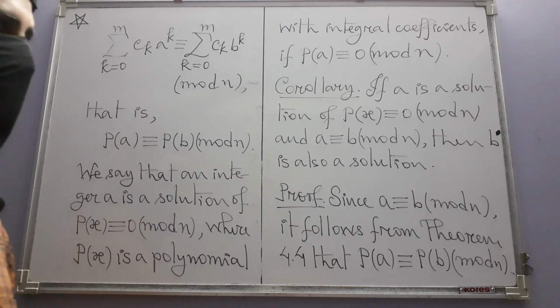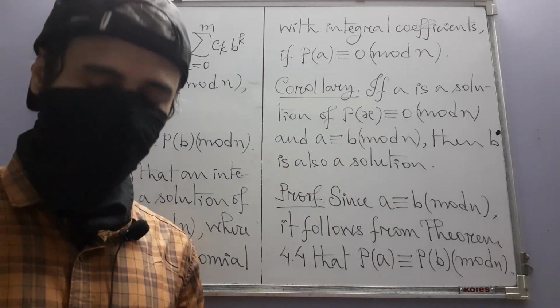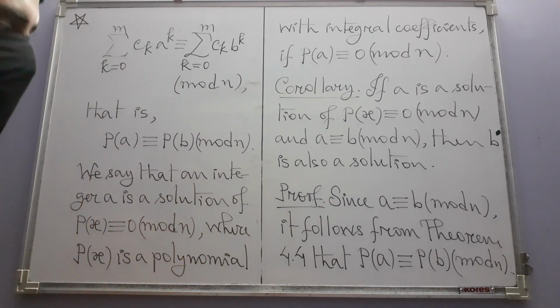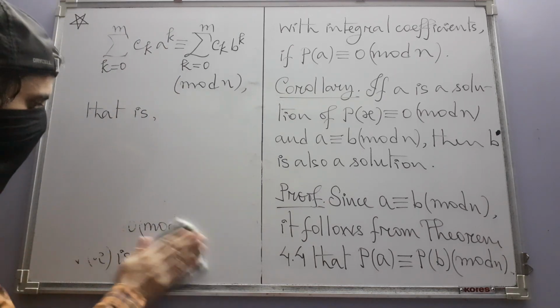However, it's also given that a is a solution of this, so P of a will be congruent to 0 mod n, and that is why P of b will also be congruent to 0 mod n.